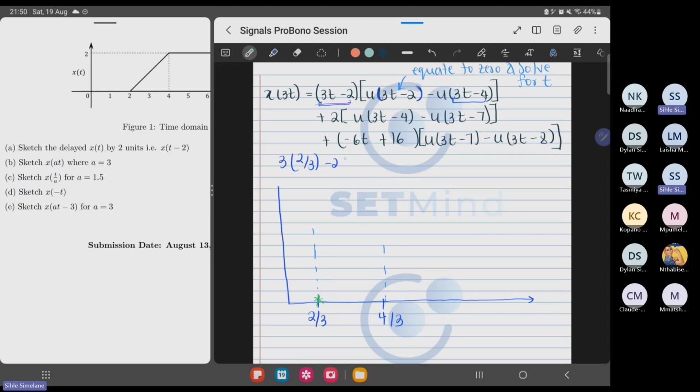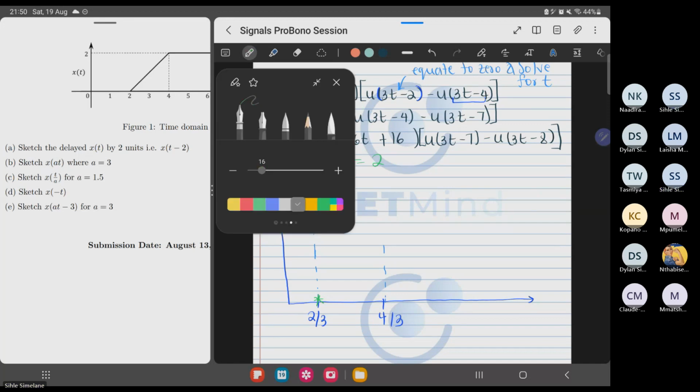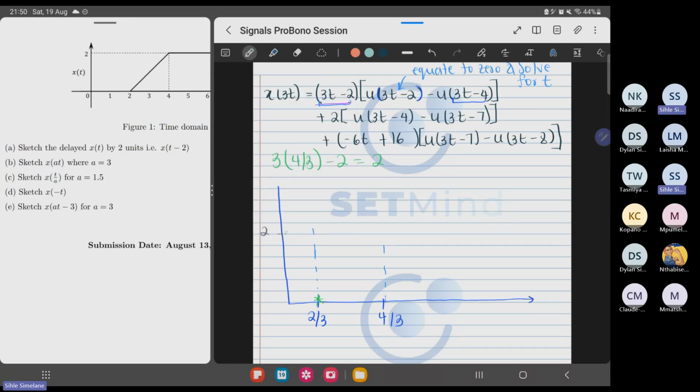And then you can substitute the upper boundary. So if you look carefully, you have 3 times 4 over 3 minus 2, and the value you'll obtain is 2. So if I put my 2 here, let's put the 2 here. The value you'll obtain will be 2.